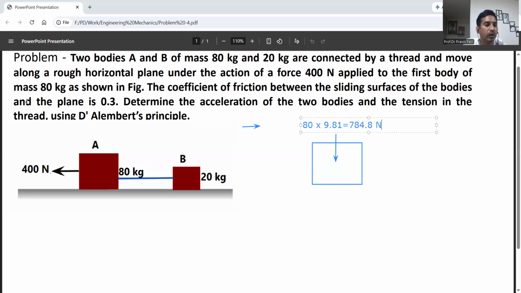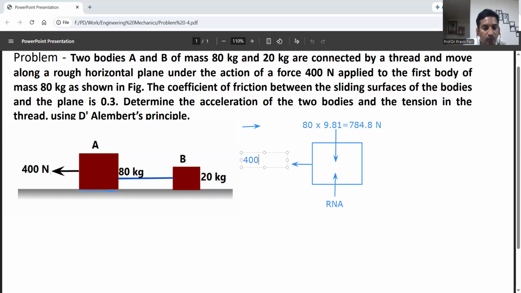Then this body is in contact with the rough horizontal surface. So just remove this contact surface and draw the normal reaction, RA. This body is moving towards the left side because of this force, 400 Newton, which acts towards the left.